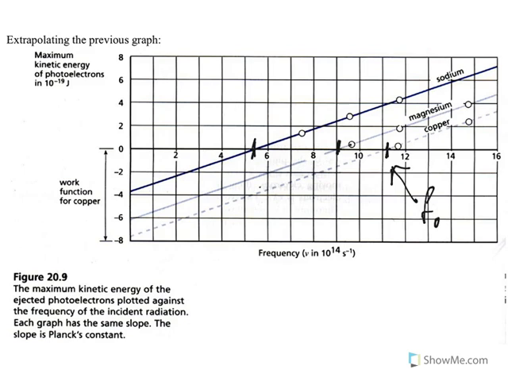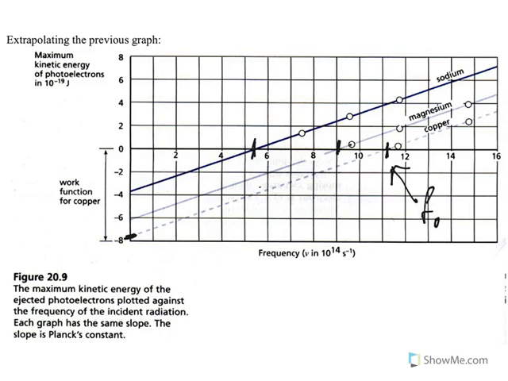If we extrapolate back like we did last time, the copper one comes back here at about 8, and that's the work function. That's how much energy it takes for an electron to make its way to the surface of copper before it gets ejected.